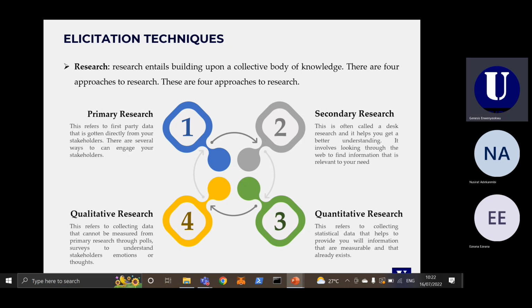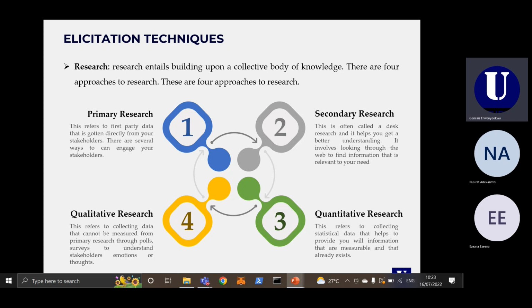goes along with qualitative research, because in primary research, you are trying to get information from human beings, from people. So you are trying to get qualitative information, information that you can infer feelings, customers' ideology and thought process from. Then secondary research involves quantitative research.